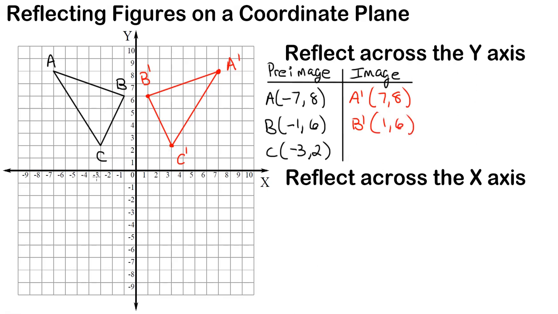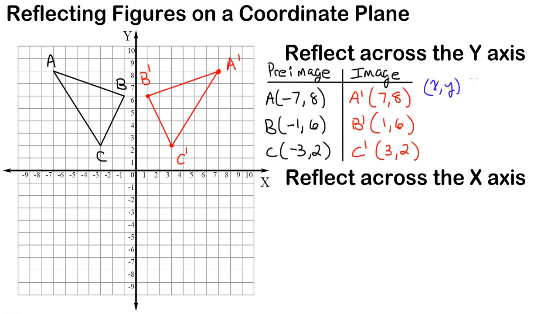And C was at (-3, 2), and C prime is at (3, 2). So if we look at how each point changes, we notice that the x values are opposite. We go from -7 to +7, from -1 to +1, and from -3 to +3, but the y values stay exactly the same.